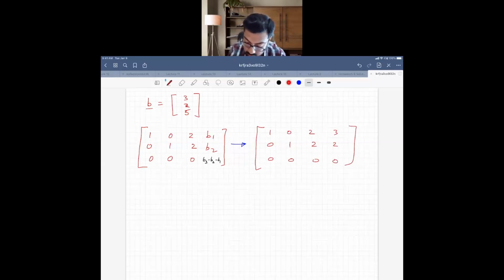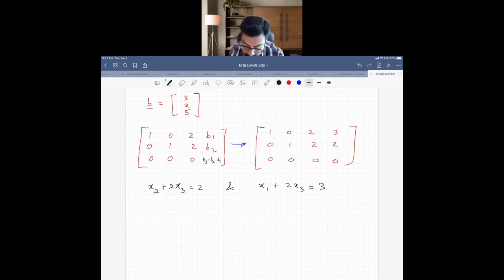So if you look at this, what can you tell me about the solution set? Well, you can back substitute and find that out. From the last row, I don't get any information, but from the previous two rows, I get x2 plus 2x3 equals 2, and x1 plus 2x3 equals 3, right?